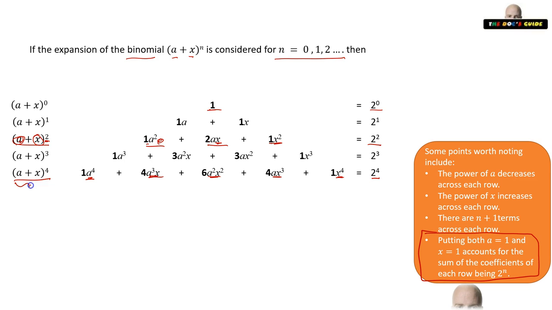But over here, when we put the 1 there, we've got 1 plus 1, which is, of course, 2. So we're saying that 2^4 equals 1 plus 4 plus 6 plus 4 plus 1. So it's a very elegant little proof as to why the sum of the coefficients across the nth row is actually 2^n.